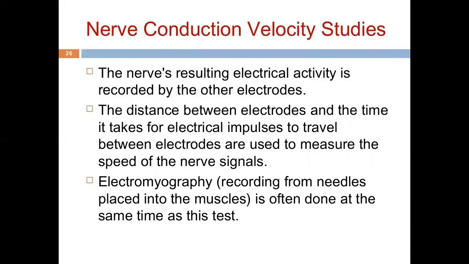The nerve's resulting electrical activity is recorded by the other electrodes. The distance between electrodes and the time it takes for electrical impulses to travel between electrodes are used to measure the speed of the nerve signals. As well, electromyography recording from needles placed into the muscle is often done at the same time as this test.